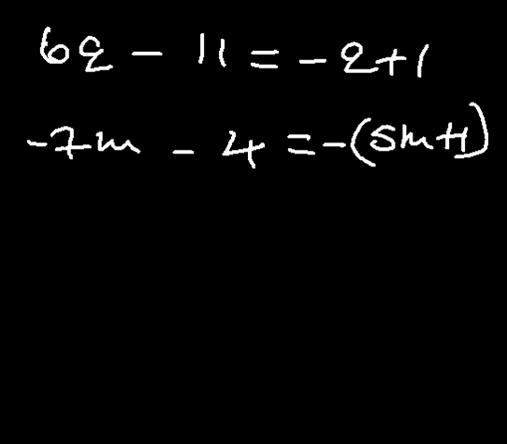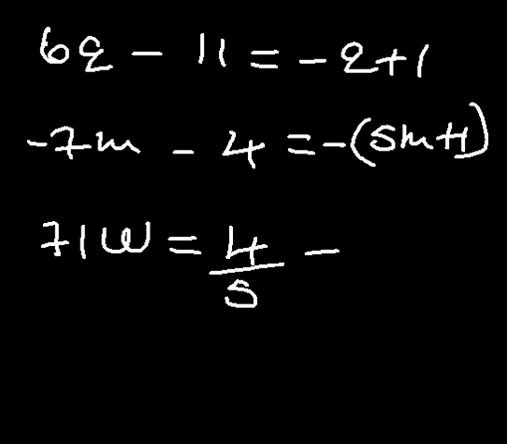How should you solve for m there? Let's say you have 7w is equal to 4 over 5 minus 6w over 7. So try to solve for w in that way.